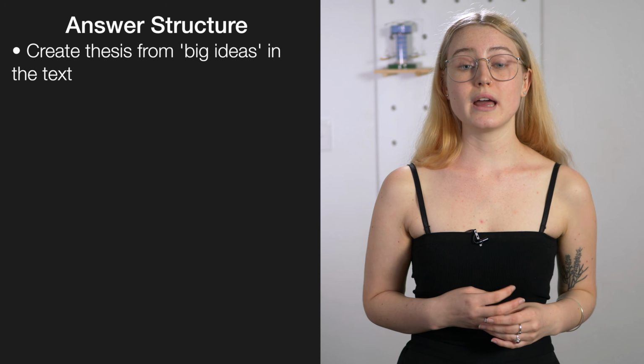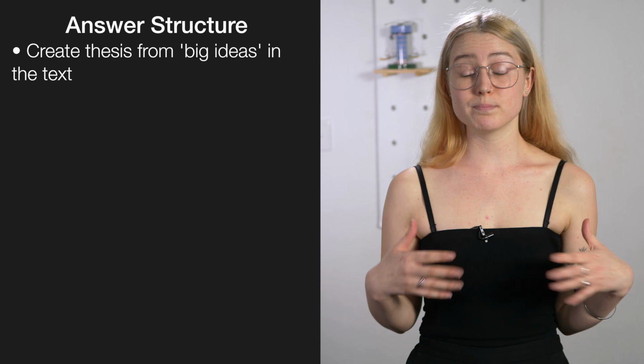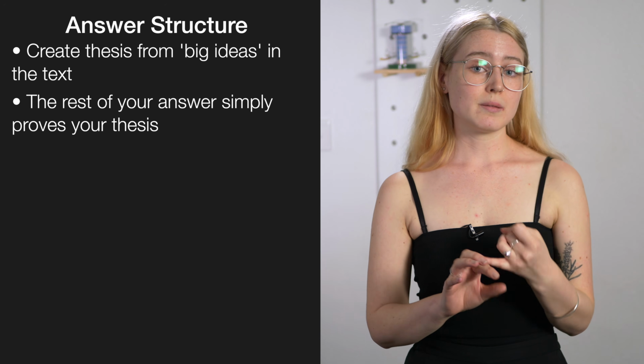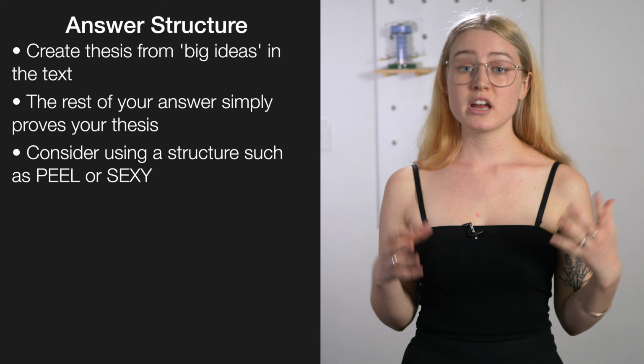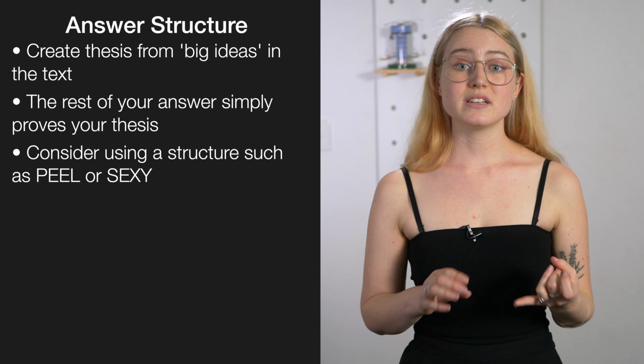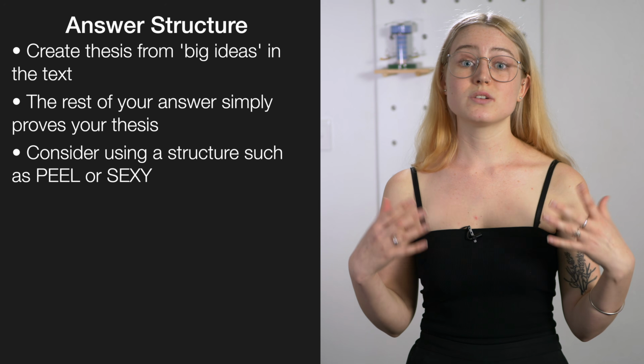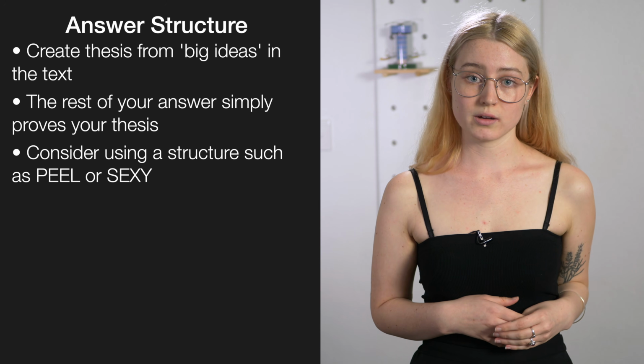The rest of your answer is basically proving the points that you're trying to make. And you might be using the PEEL structure, you might use the SEXY structure. It doesn't really matter as long as you have a statement, an example, an explanation, and a summary or analysis as to why it's important and how it helps you answer the question.